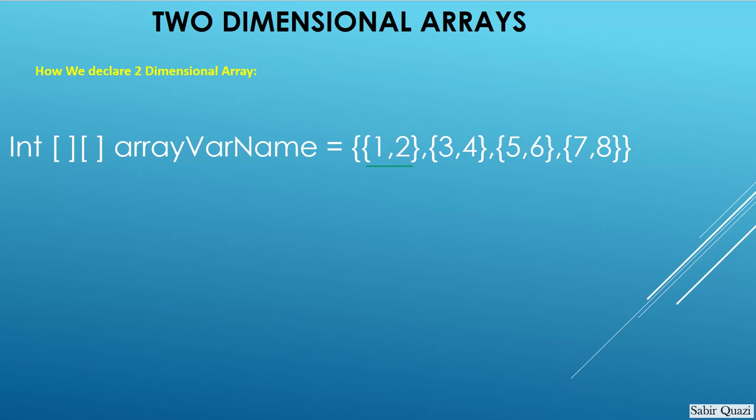An element of a two-dimensional array is also a single-dimensional array. Here we can see a curly brace with 1, 2 inside, then the next curly brace with 3, 4, then 5, 6 and 7, 8 similarly.